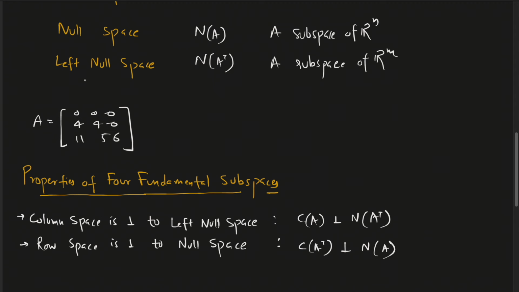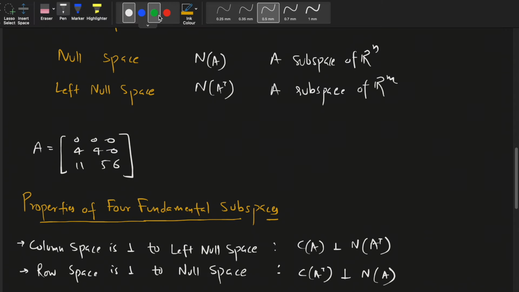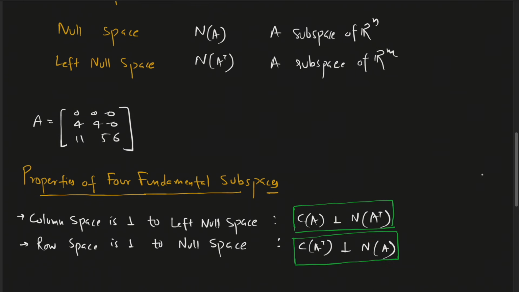All right, so these are two very important properties of the four fundamental subspaces which we have studied. Some tricky questions are asked regarding these properties, so have these in mind.